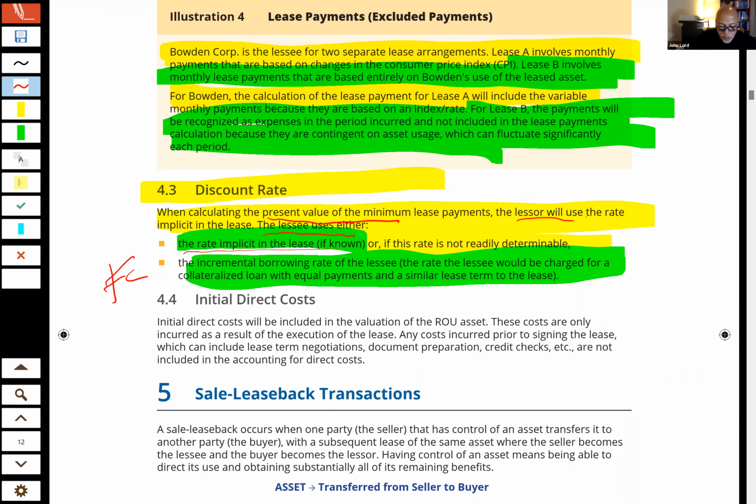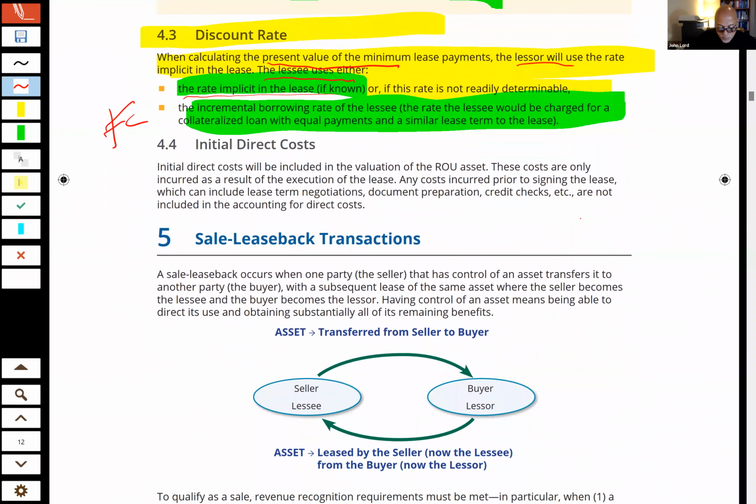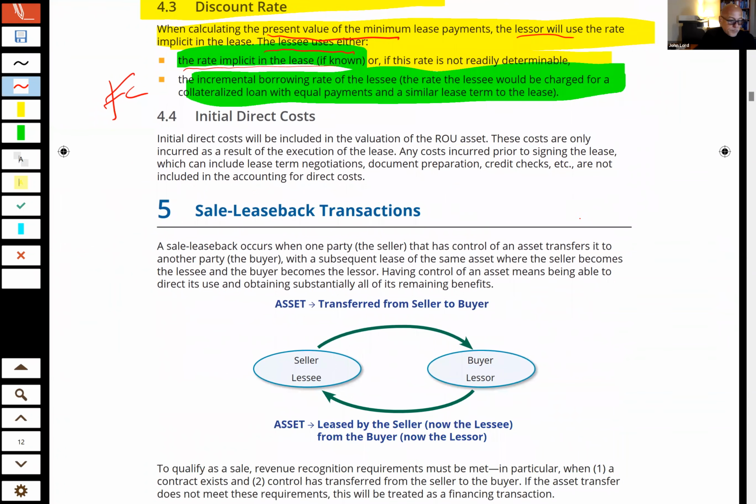Okay, good. Now let's take a look at these initial direct costs. Initial direct costs will be included in the valuation of the right of use asset. We're going to see how that right of use asset is going to be booked in a second. And these costs are only those incurred as a result of the execution of the lease.